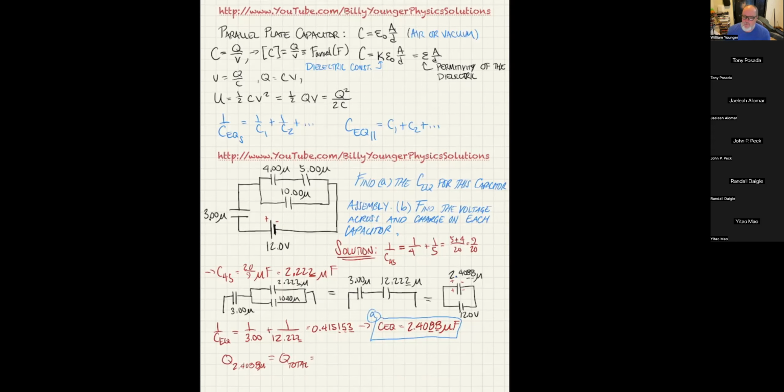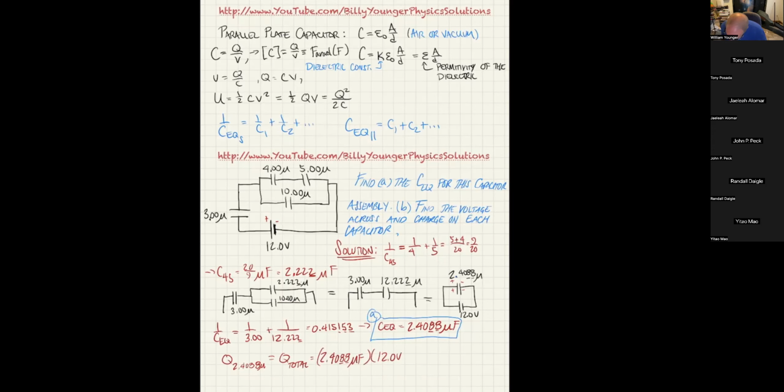So that's one way you can think about it. If that helps you physically understand, then by all means use it. But it's basically going to be the capacitance, which is 2.4088 microfarad, times 12.0 volts.